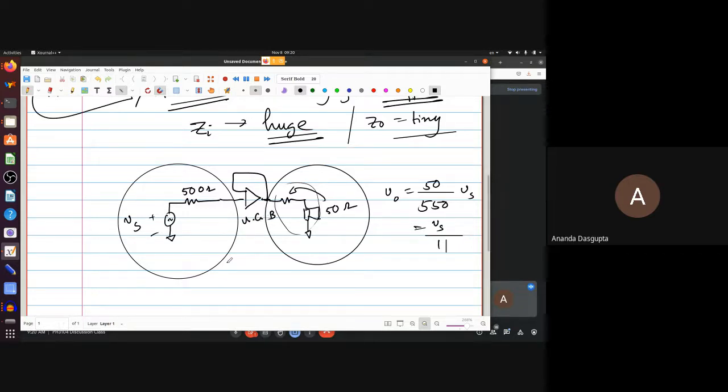So what does that do? The unity gain buffer hardly draws any current whatsoever, right? Because of the huge input impedance of the op amp. So almost no current drawn inside, which means almost no drop across this resistance. Doesn't matter whether it's 500 ohms or 10 ohms or 5 kilo ohms or mega ohms or whatever. Very, very tiny current goes in because of the huge input impedance of your circuit, the unity gain buffer.